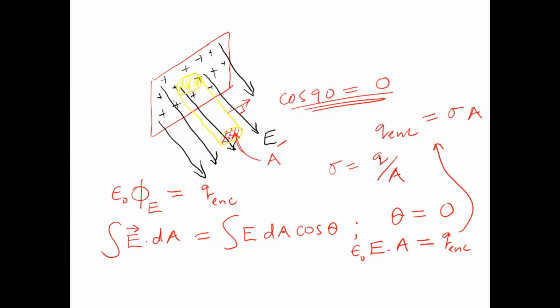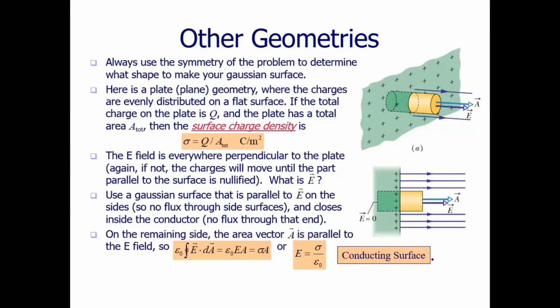So if you make charge the subject of the formula, you cross multiply, and the charge is area times sigma. So E times A will be equal to sigma times A. This A is the same as that A, and that is how we arrived at this result here.